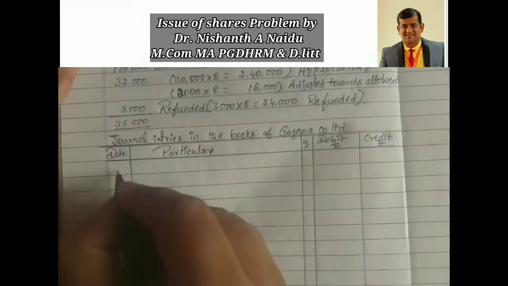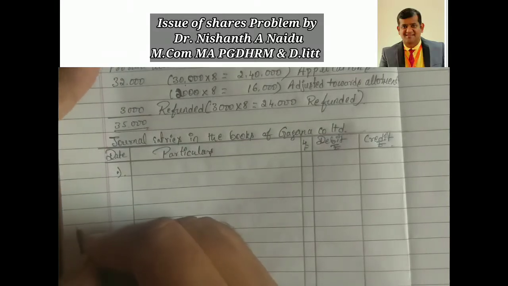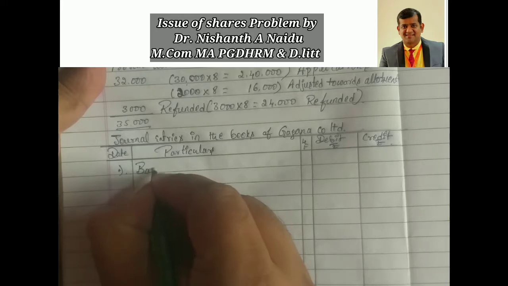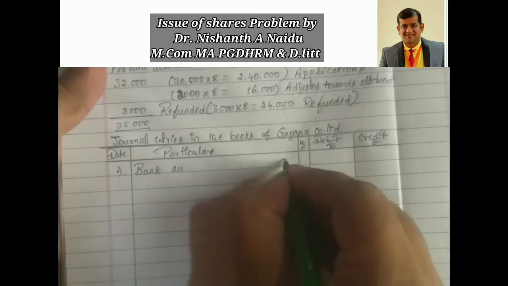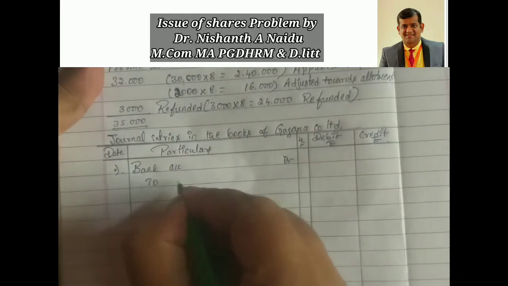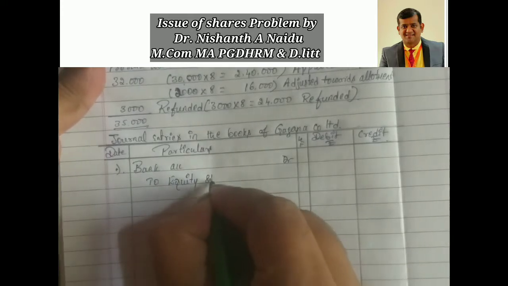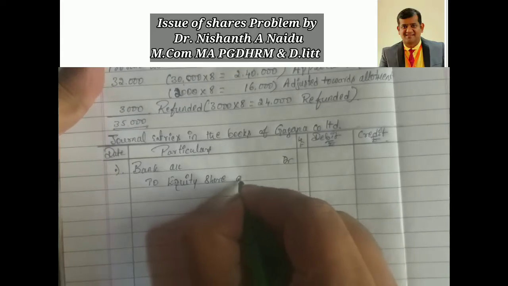Journal entry number 1 is for receiving the application money. That is bank account debit to equity share application account.